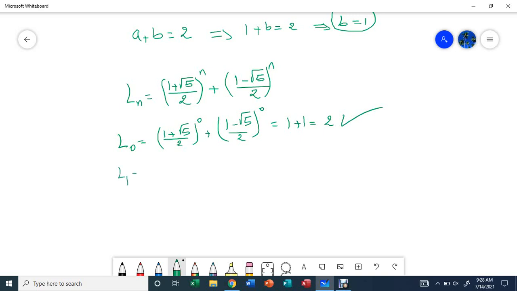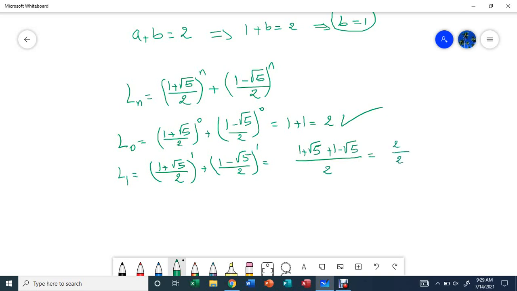So L1 equals ((1 plus square root of 5) over 2) to the 1 plus ((1 minus square root of 5) over 2) to the 1. With a common denominator of 2, 1 plus square root of 5 plus 1 minus square root of 5 is 2 over 2.